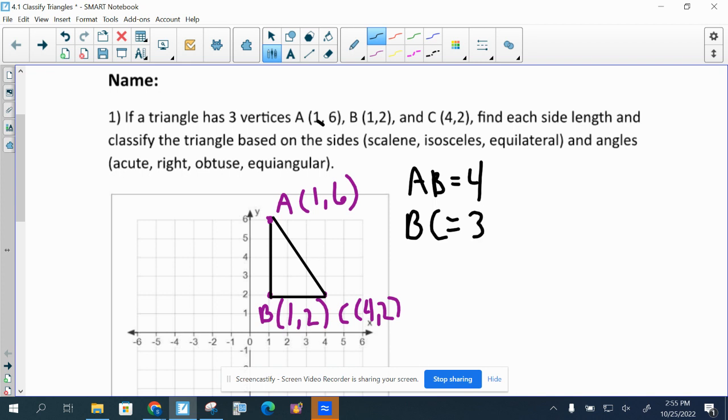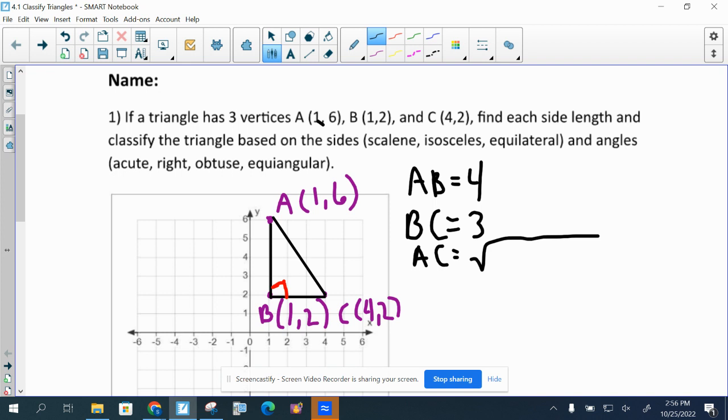AC, we will use the distance formula, or you can use the Pythagorean theorem since this is a right triangle, since AB is vertical and BC is horizontal, and a vertical and horizontal line are perpendicular. So we do know that this is a right angle. Otherwise, if we didn't have that, we would have to use the slope to determine if it was a right angle or not. So anyways, AC, let's set up the distance formula.